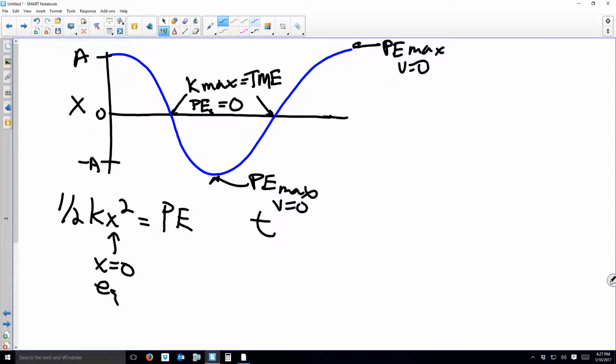If the velocity is 0, then 1/2 mv squared for our kinetic energy is also equal to 0. So at our equilibrium position, we have all kinetic energy and no potential energy. At our peaks and troughs, so here and here, we have just potential energy, no kinetic energy.